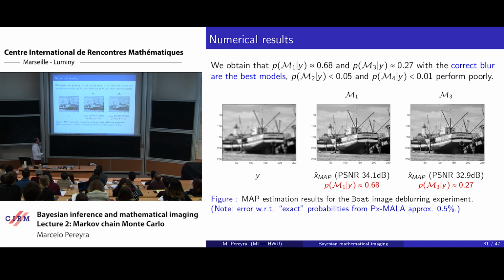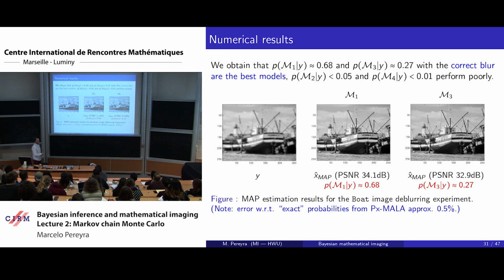And what we get is that the two models that have the true blur, the true linear operator, are scored as good models, and the two others are scored as really bad models. And between the two, the data prefers the total variation regularization as opposed to the wavelet regularization by a factor of 2.